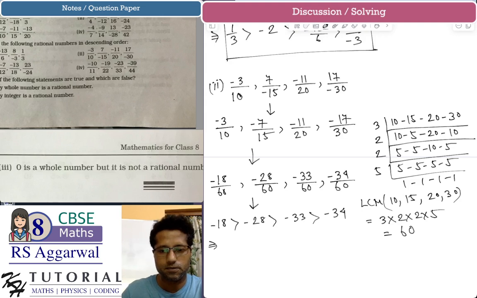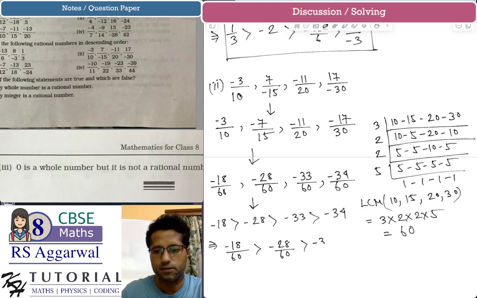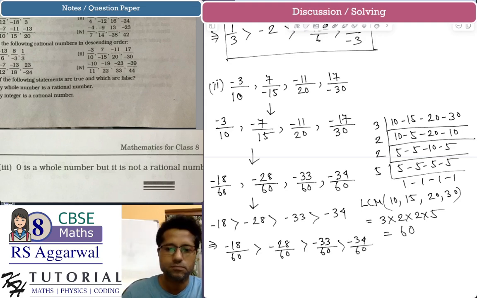So this implies minus 18 by 60 is greater than minus 28 by 60 is greater than minus 33 by 60 is greater than minus 34 by 60.